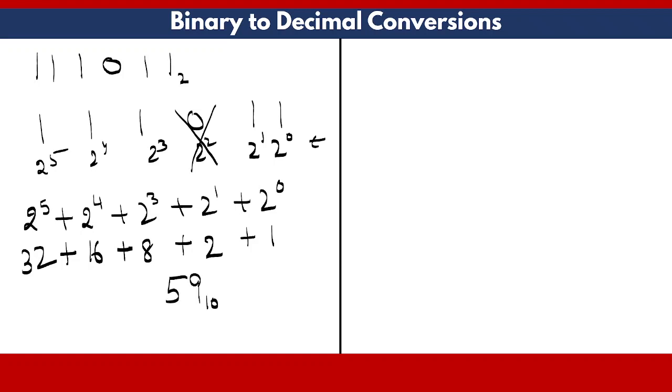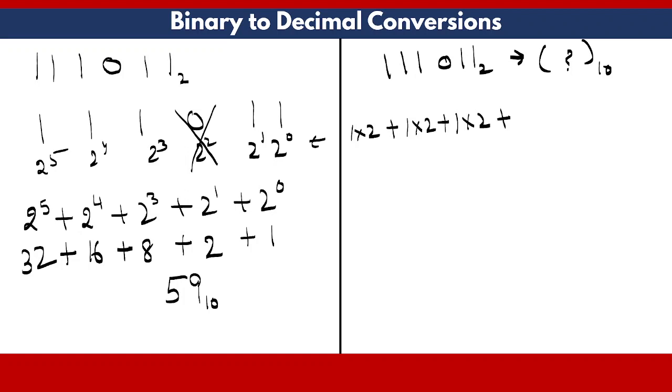You can perform this another way also. So it is 1 into 2 plus 1 into 2 plus 1 into 2. Remember that you write all the bits correctly. Write all the weights.